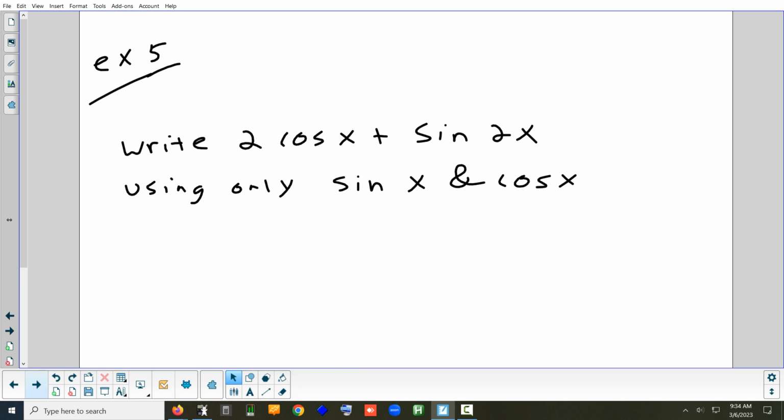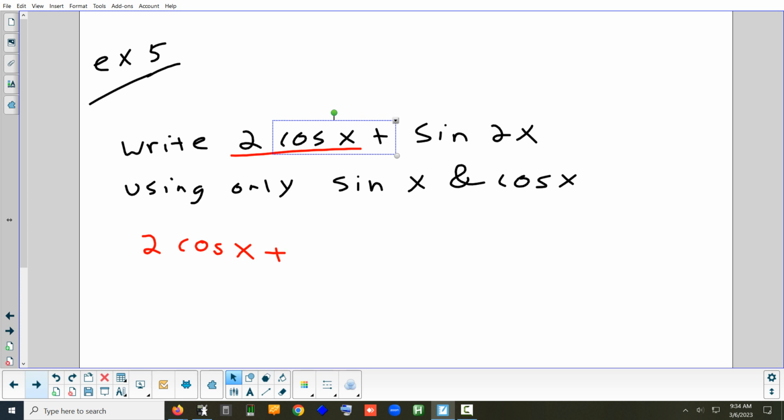But they want sines and cosines in the final answer. Well, that part is fine. 2 cosine x already fits what they want. So we don't have to change anything there. What would you change there? It's cosine with just a 1x. It's not a sum of 2 things, it's not a difference, and there's not a 2. So there's nothing to get rid of.